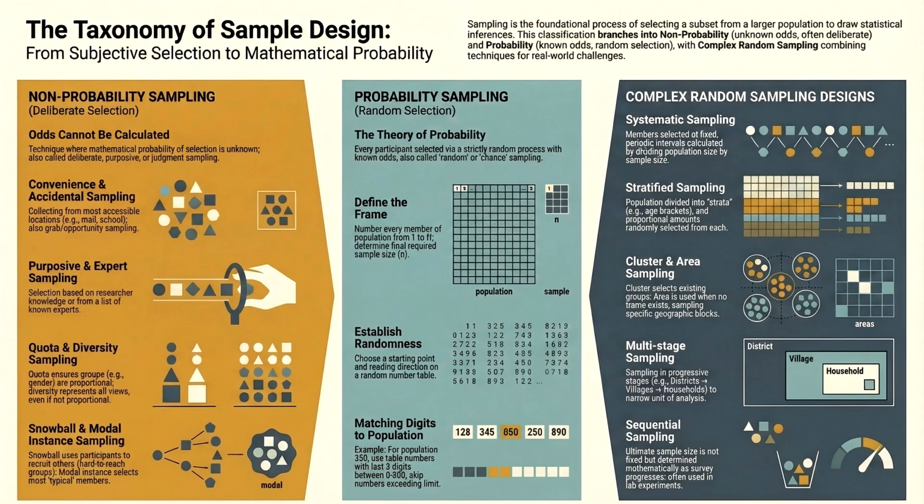Based on your convenience, based on the ease of accessibility, you collect the data. The second one is purposive and expert sampling. Here the selection is based on the researcher's knowledge or from a list of known experts. In the case of purposive sampling, you know that for this particular study, only this X, Y or Z person can be included, because they possess the characteristics required for the study. For example, I want to study investment behavior among undergraduate students.